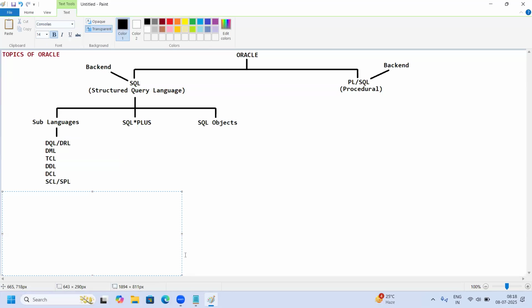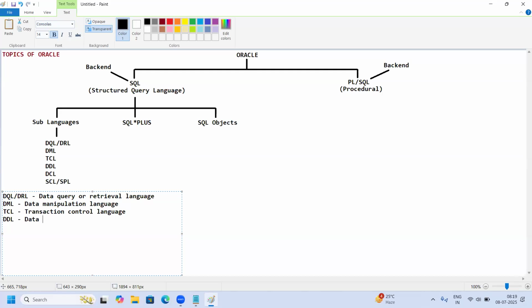So let me describe them for your reference. DQL, DRL, data query or retrieval language. DML, data manipulation language. TCL, transaction control language.